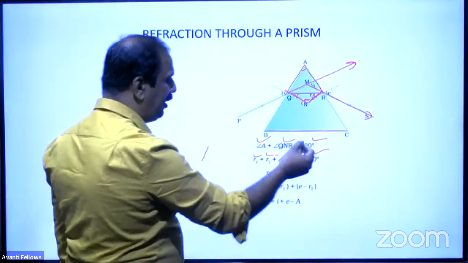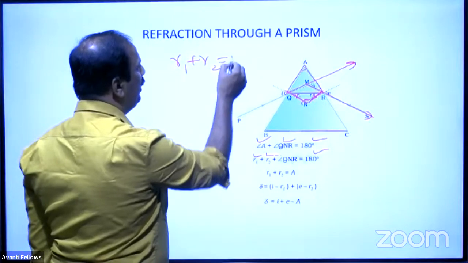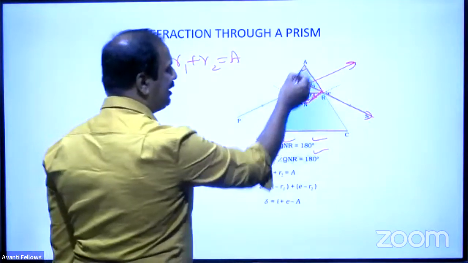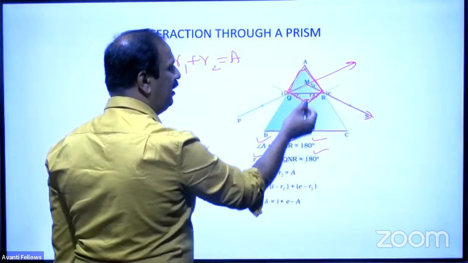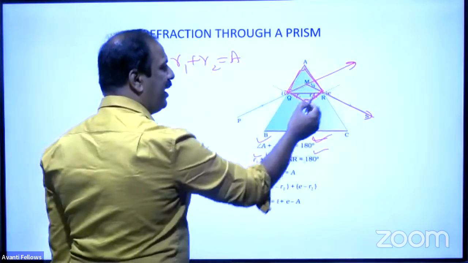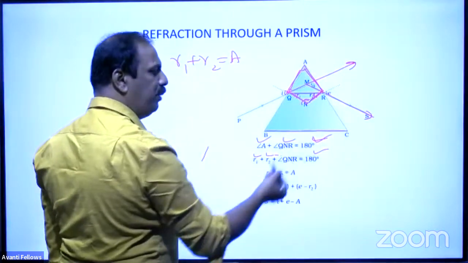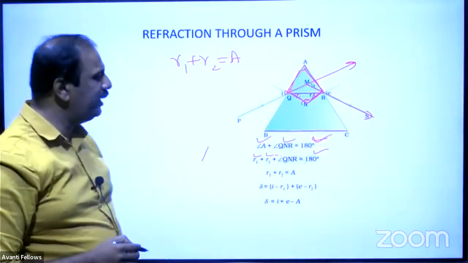If you compare the two, you will get R1 plus R2 is equal to A. In the quadrilateral, this is 90 degree and this is 90 degree, so the remaining two add up to 180. Similarly, the three angles of the triangle add up to 180. Comparing, R1 plus R2 should be equal to A.